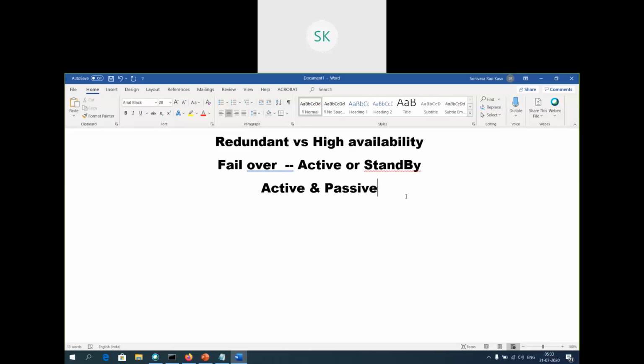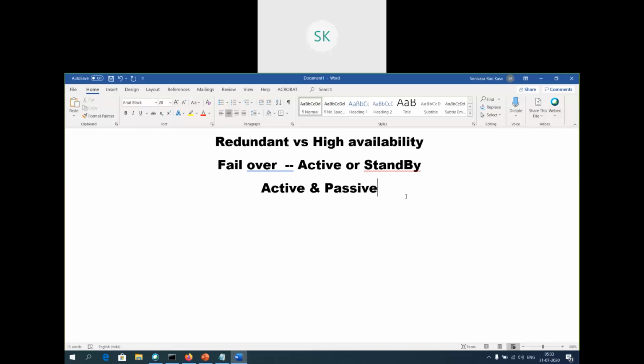My operating system should be up and running even with one hard disk failure. I'm using two hard disks, and even with one hard disk failure, I should be in a position to keep my servers working fine. How to make it so? This redundancy comes into picture whenever we use two devices; even if one device fails, I can work with the other hard disk, the other device.